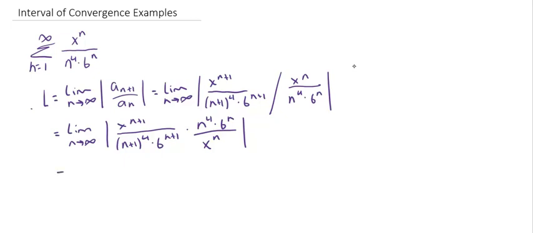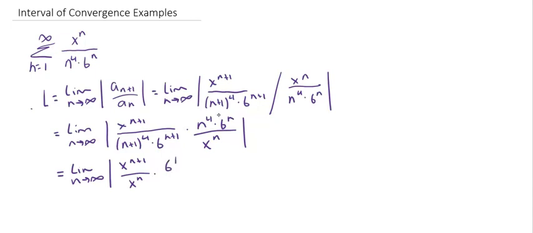Absolute value equals limit as n goes to infinity, absolute value. Now, I'm going to group the terms that are similar together. So I'm going to go x to the n plus 1 over x to the n, times, I'm going to take the 6 to the n next.